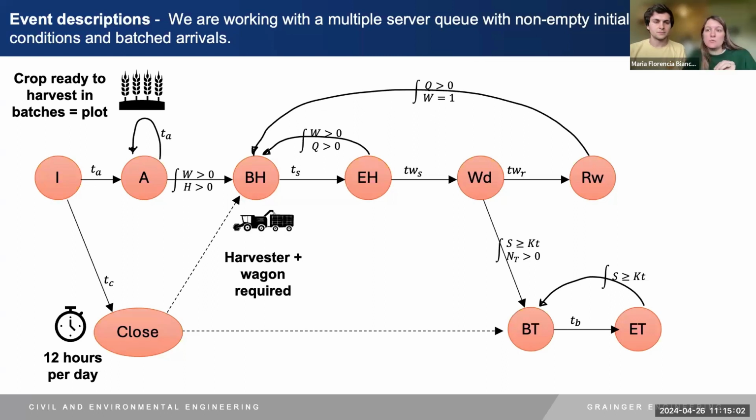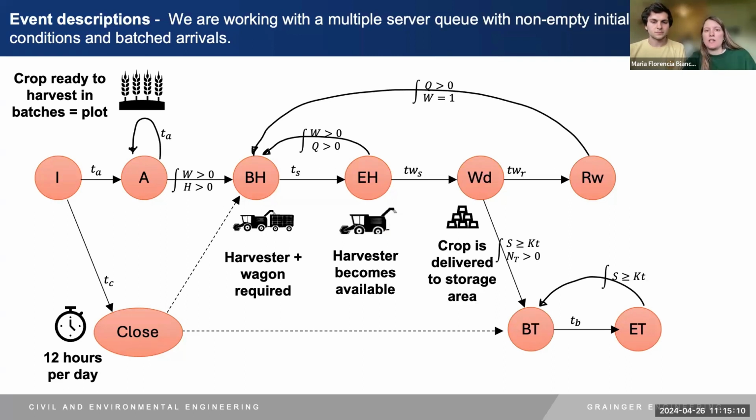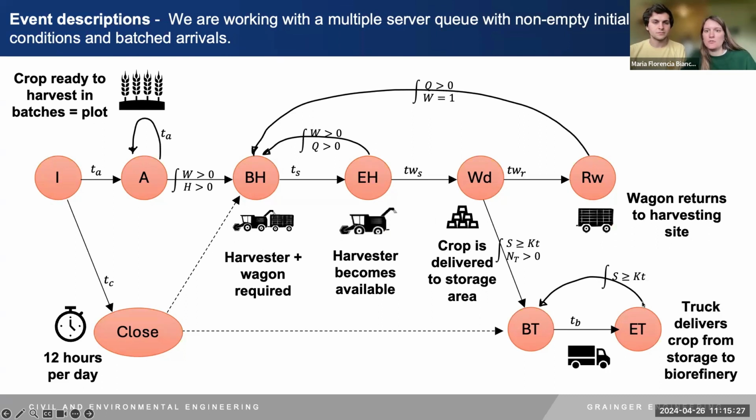The harvesters and wagons work together in the begin harvest, and after a service time, the harvesters become available, but the wagons have to deliver the crop to the storage area and then come back to the harvesting site. From the storage area, once the truck capacity is reached, trucks deliver the crop to the biorefinery and come back to pick up more.